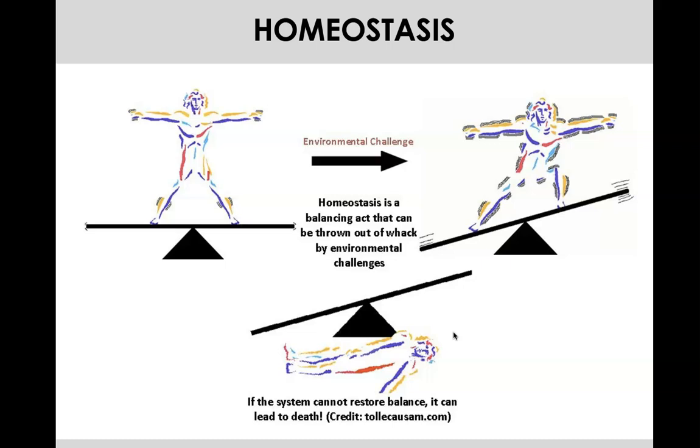Of course, this is over a span of time. It's not like instantly happening. You're not like, oh my gosh, my body's out of whack, okay, I'm gone. Of course, that's not the case. We're talking about a massive failure in all your organ systems, which will lead to death.